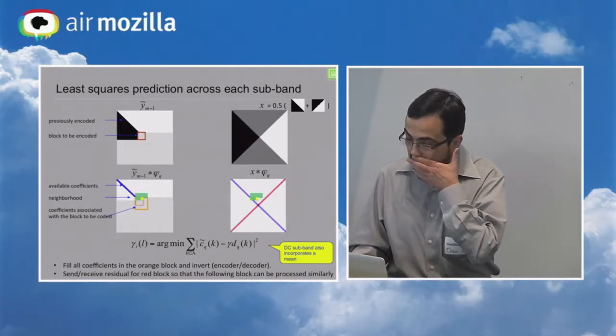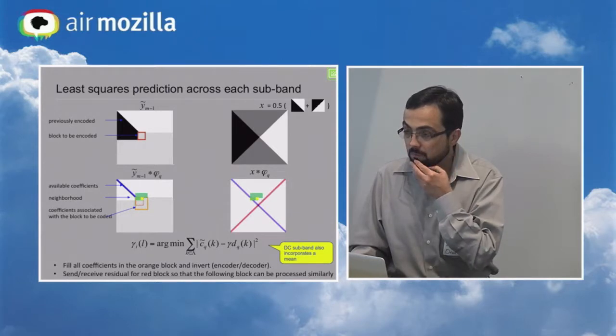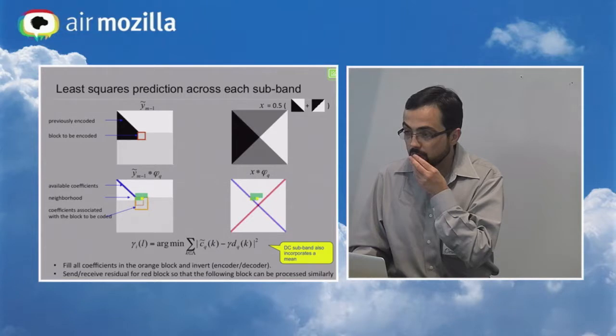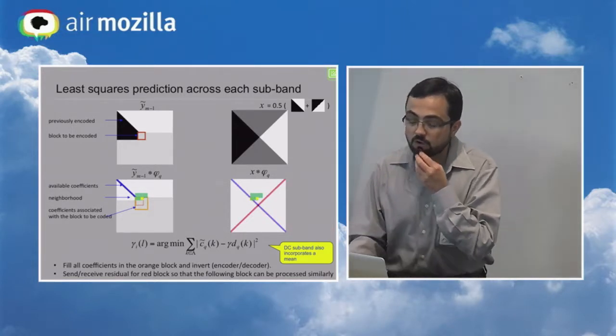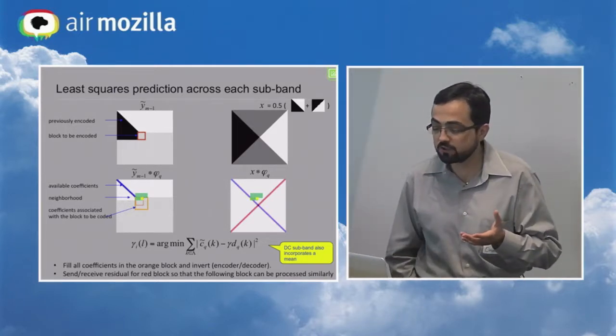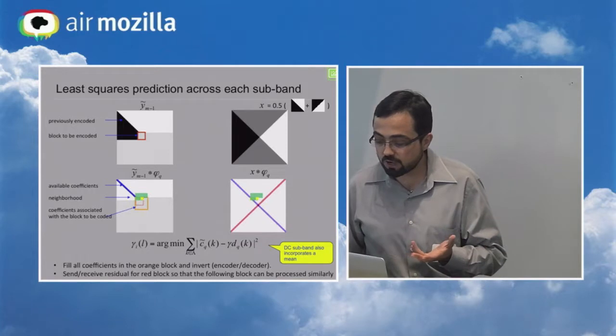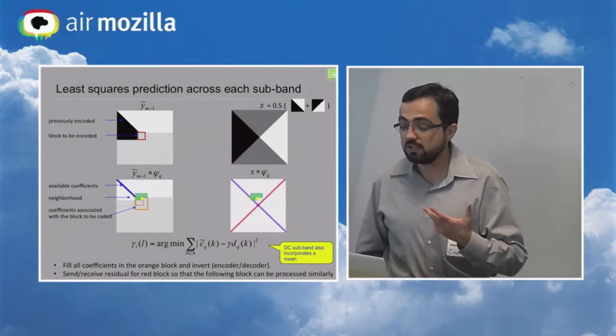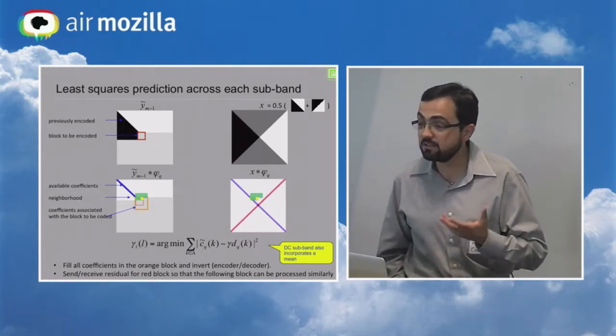Right. And so Jean-Marc also asked if the overcomplete decomposition is used just for the least squares parameter estimation, or also used to predict less than one block at a time. Okay, so the question is, is the overcomplete decomposition used just to train the least squares, or is it also used in prediction? It's used in least squares and in prediction as well.